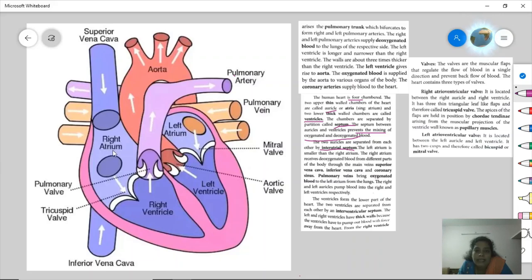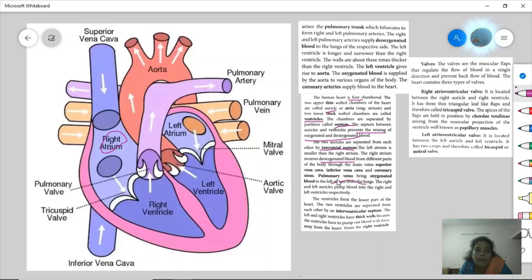This right atrium receives only deoxygenated blood through these three veins.